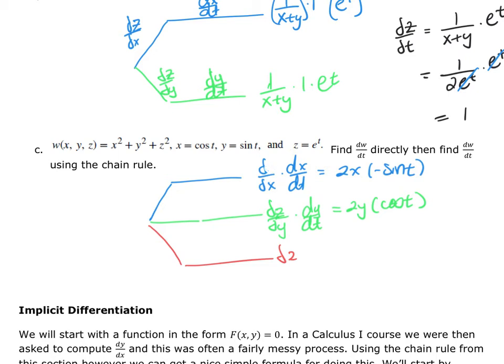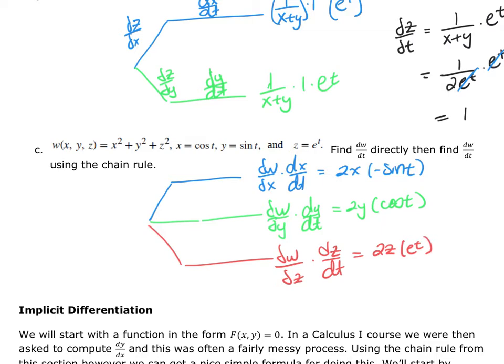This is what happens when I'm not paying close attention. So the partial derivative of w with respect to z is 2z, multiplied by dz dt, and the derivative of e to the t is e to the t all day long.